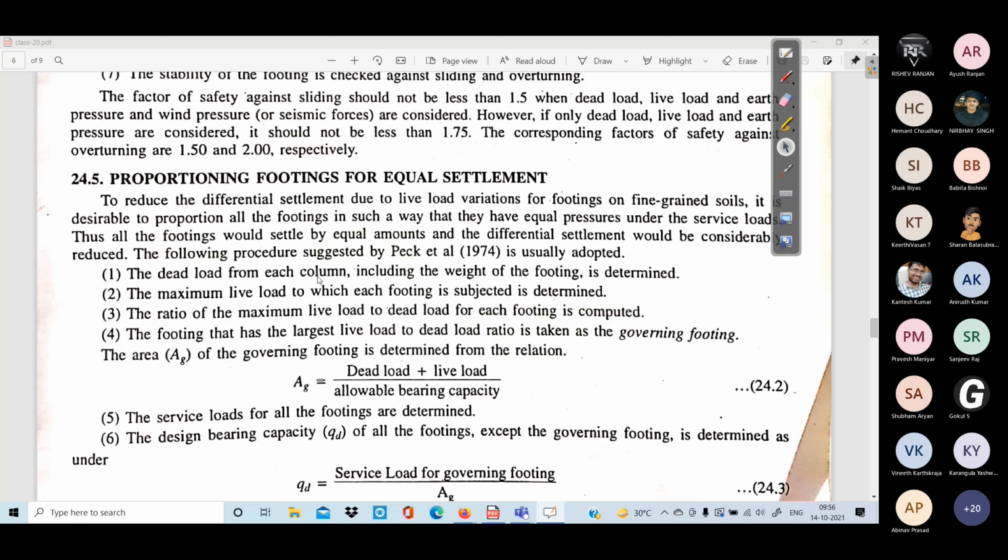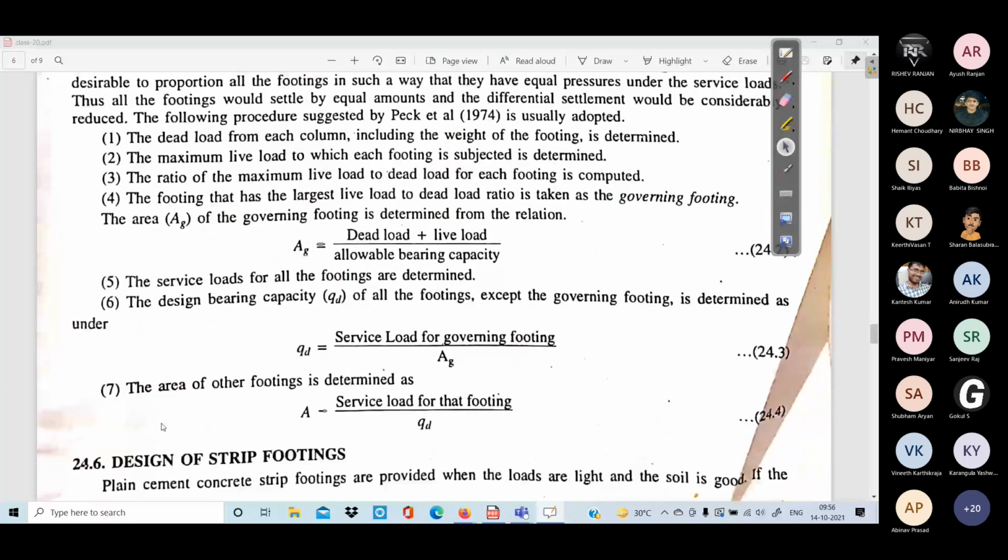The dead load from each footing is determined. So these are the steps. Okay, the maximum live load to which each footing is subjected. The ratio of the maximum live load to the dead load for each footing is determined. The footing with the highest live load to dead load ratio is taken as the governing footing, and its area is determined by the relation: dead load plus live load divided by allowable bearing capacity.